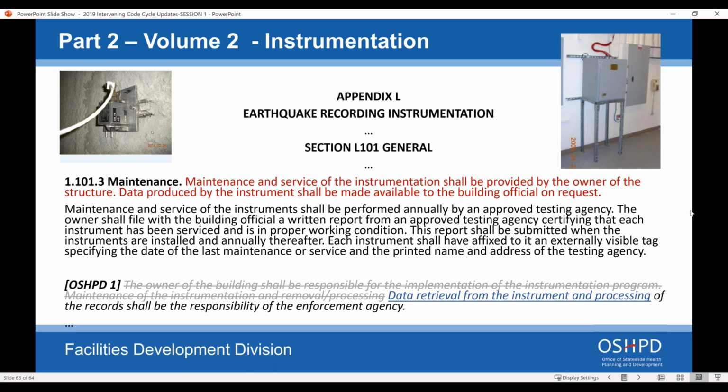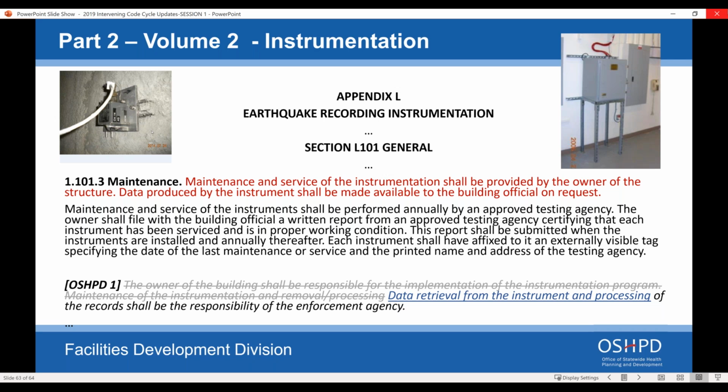original language said that OSHPD picks up the maintenance tab for that. We said, no, we are only going to pick up the data retrieval, instrument processing, and records will be the responsibility of the enforcing agency. If something goes wrong with the instrumentation, the seismic accelerometer or the recorder, then that will be the responsibility of the owner.